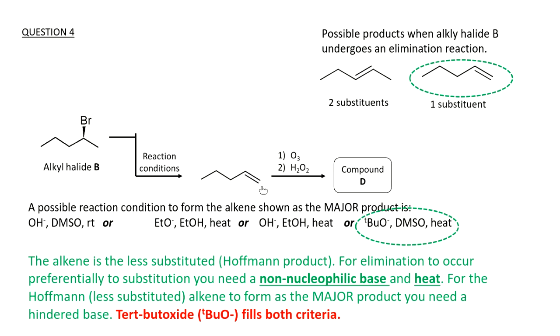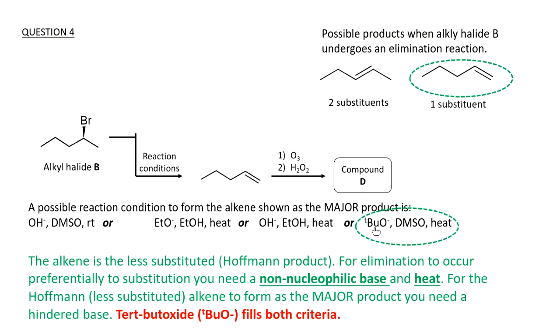And the Hofmann product can only be formed if we use a bulky base, that is a non-nucleophilic base, and if we use heat. And if we look at the bases listed here, the most bulky base that we have is tert-butoxide.